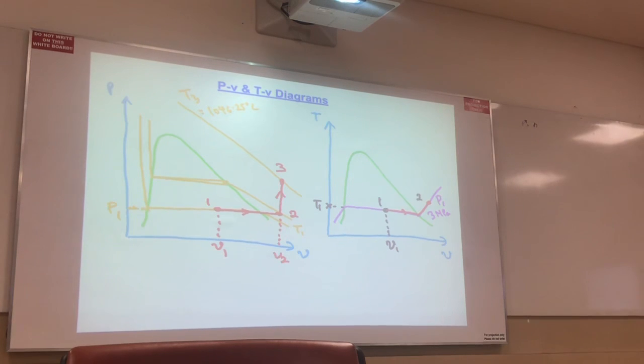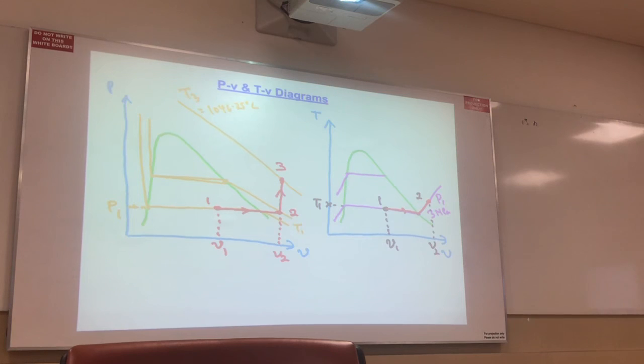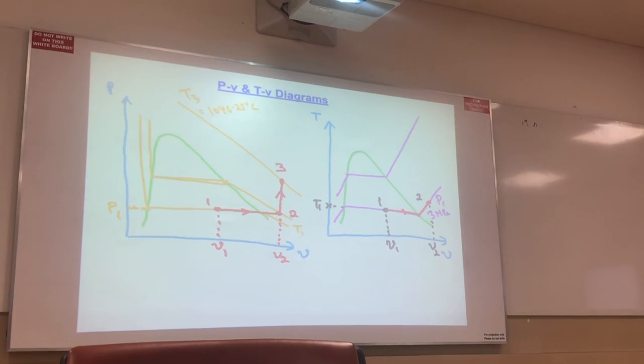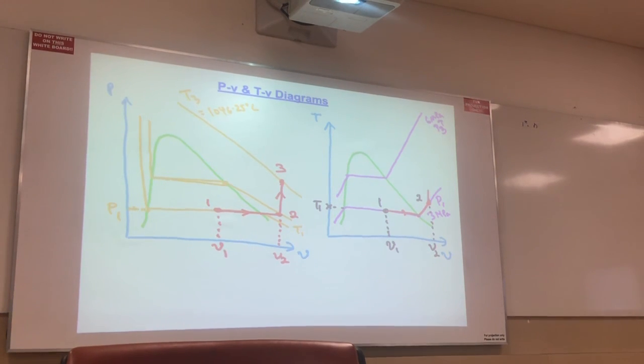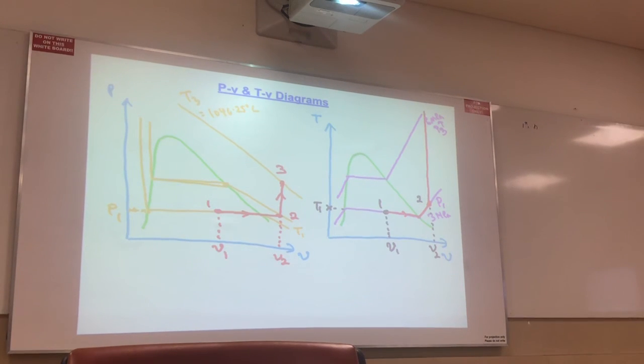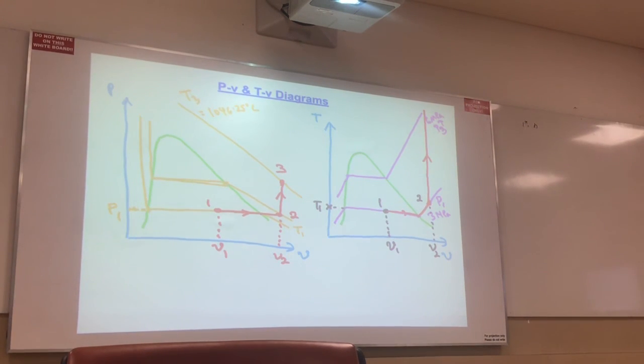I can draw it here, and this indicates P2. After that, you see the temperature increases up to 6 megapascal, which is P3. Then the process goes from 1 to 2, and then 2 to 3. Now it looks very nice, perfect.